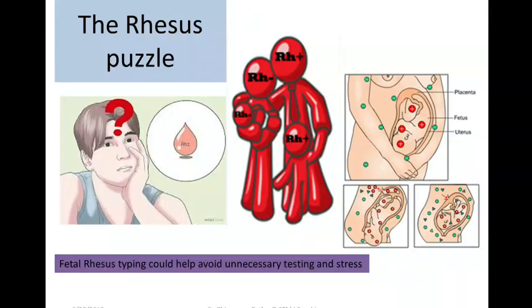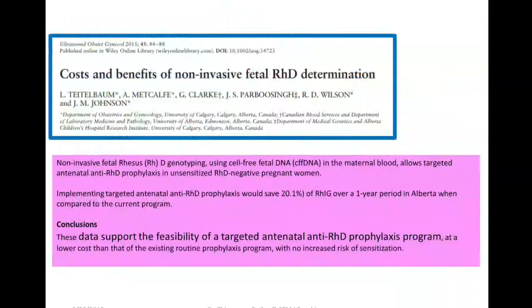But suppose we had a mother who was isoimmunized and we could tell her that the fetus she has inside is rhesus negative, a lot of problems could be undone very early. Also, if we knew that the fetus is rhesus negative, we would not unnecessarily give her antenatal anti-D. So, using cell-free DNA in this scenario is very realistic and is very helpful, as in it avoids unnecessary testing and stress. So, there are studies which say that it's very effective, cost effective, as well as very beneficial.